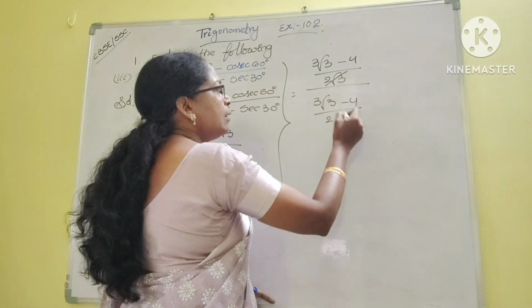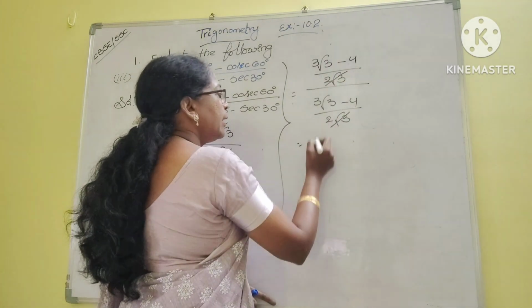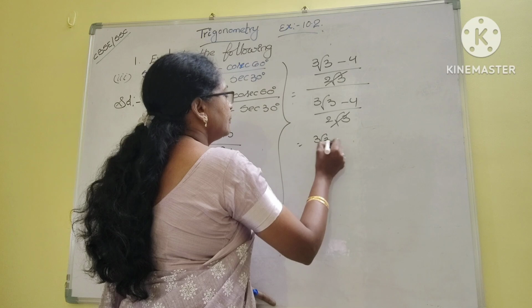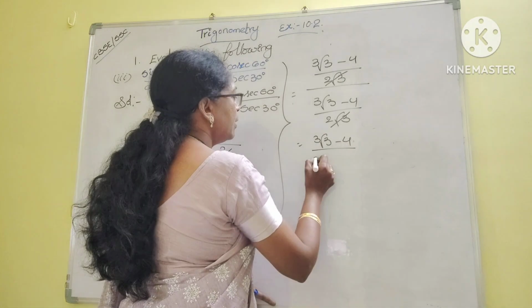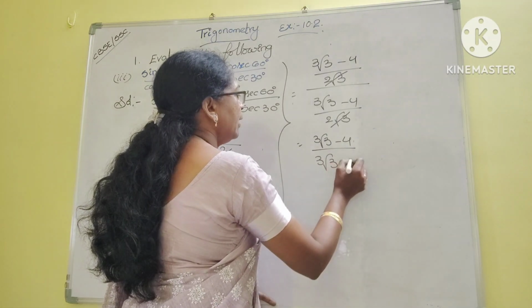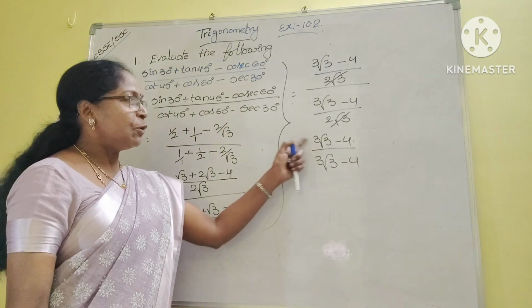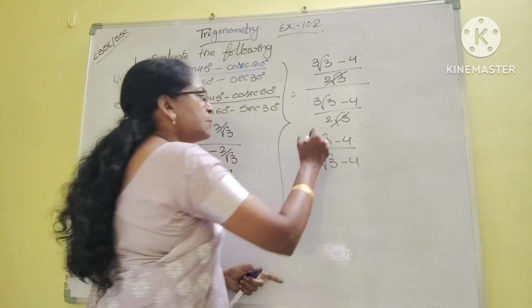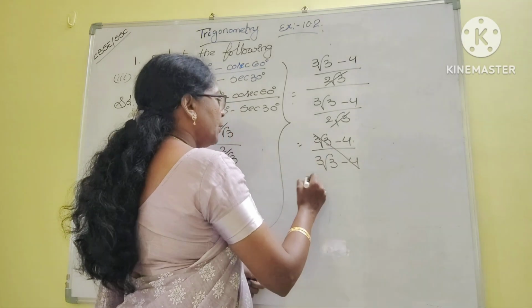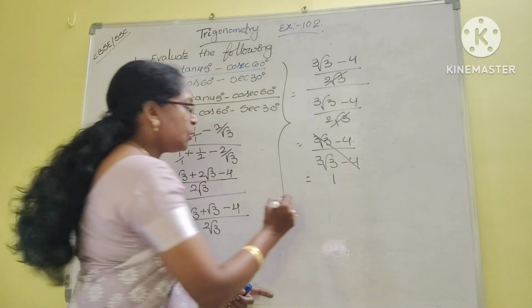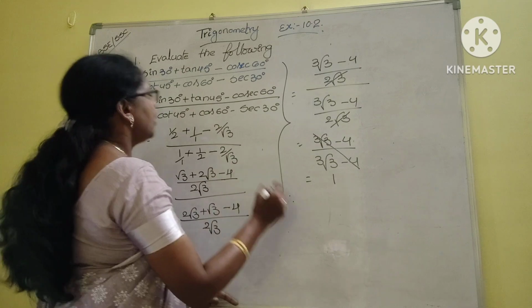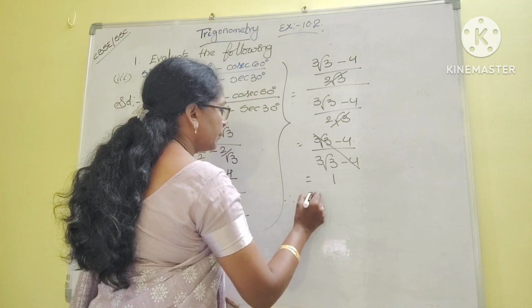Otherwise, what you are getting here is 3 root 3 minus 4 divided by 3 root 3 minus 4. Here also the numerator and denominator are the same terms, so directly you can cancel. You will get 1.